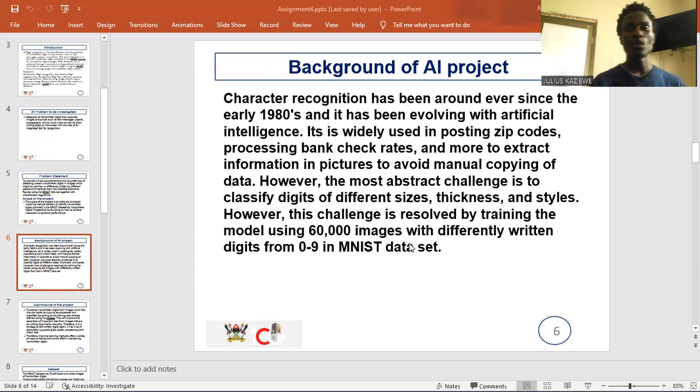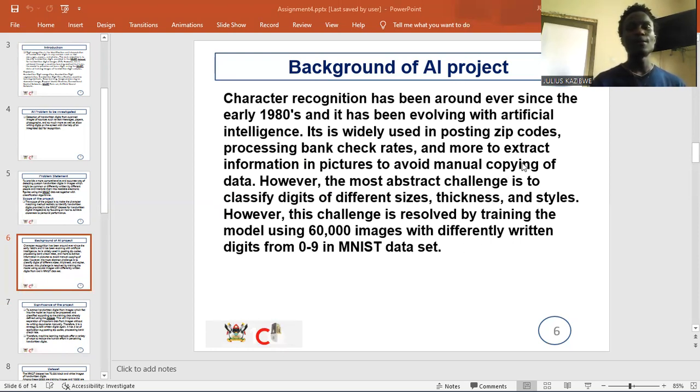The background of this project: this problem has been around since the early 1980s, and it has been evolving through the ages. As AI has developed, it has also been growing, and it has been applied in many sectors.